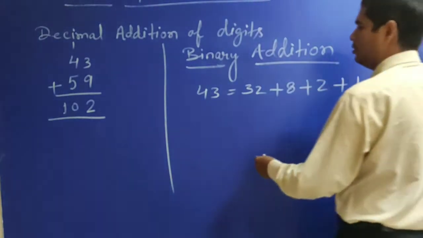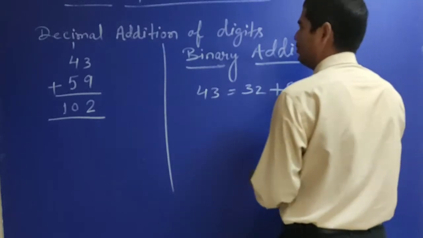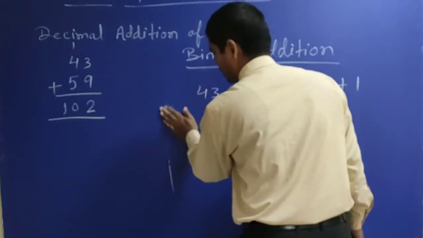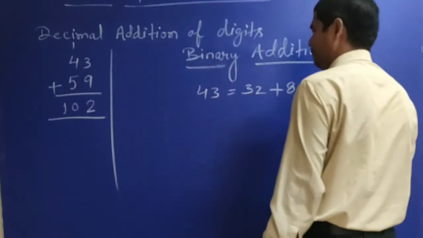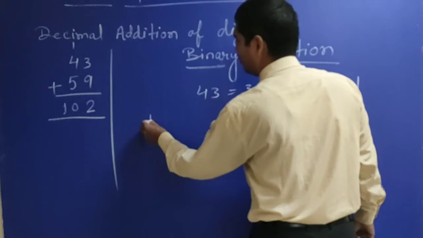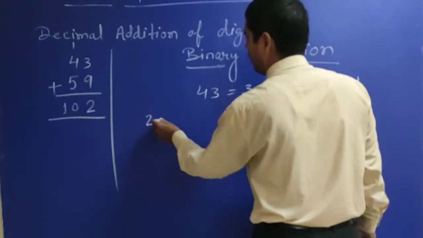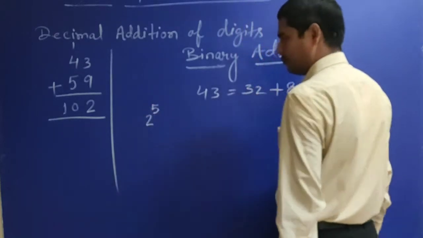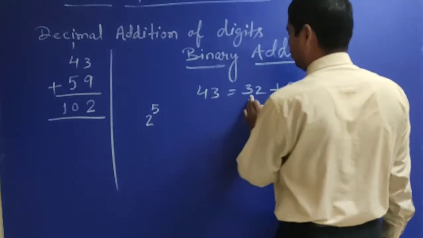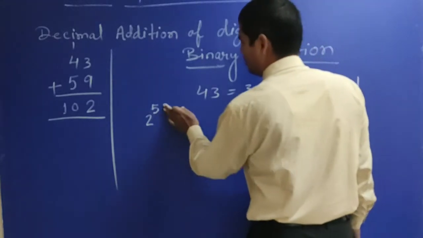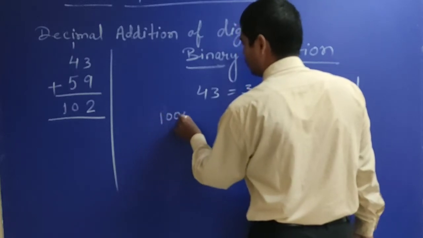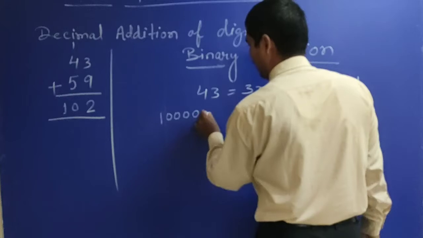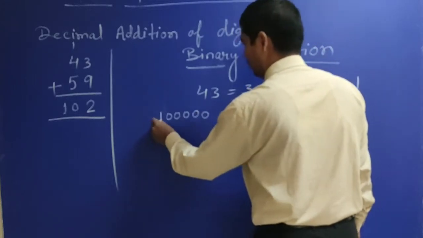We can write this in binary format. 32 is 2 to the power 5, which means it will be written as 1 followed by five zeros.